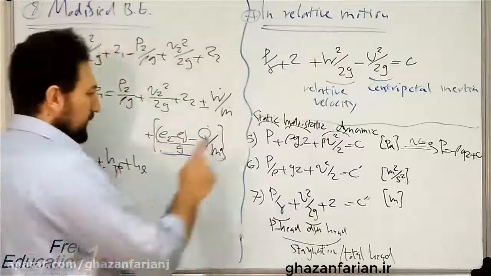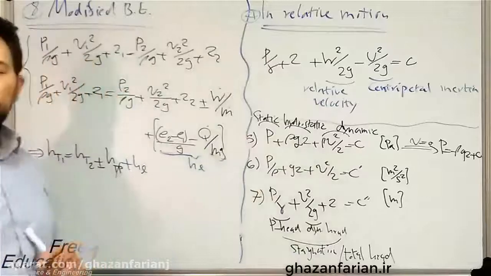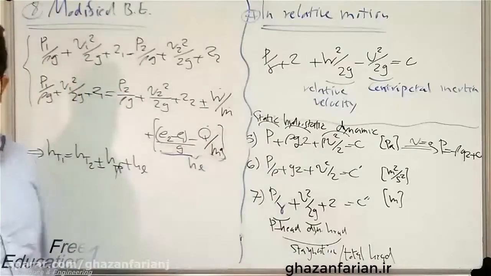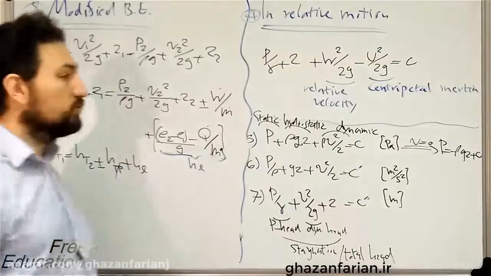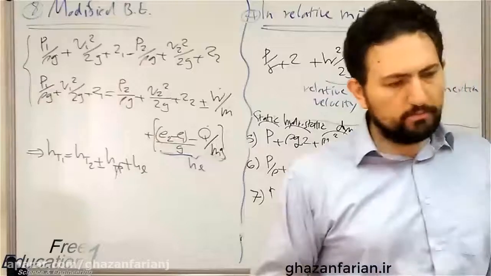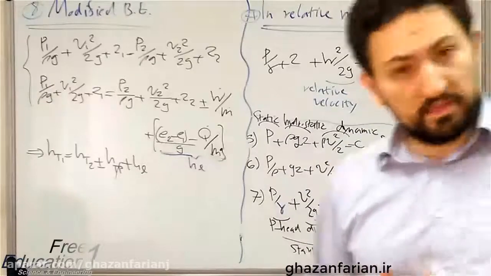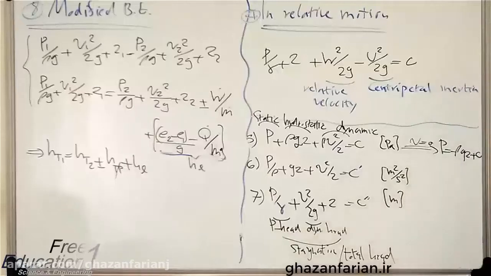Okay, the sum of the first and the third term, or the static and the dynamic pressure, is called the total pressure, or the stagnation pressure, because it's equal to the static pressure of a fluid whose velocity becomes zero, or becomes stagnation pressure.